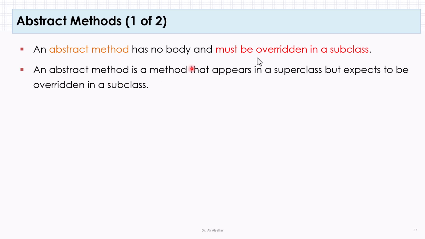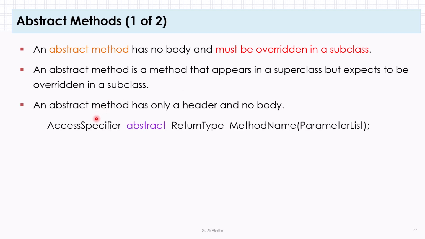So an abstract method is a method that appears in a superclass but expects to be overridden in a subclass. Why? Because it does not have the implementation, it does not have a body. So how to define an abstract method? It has a header, but it does not have any code inside it.